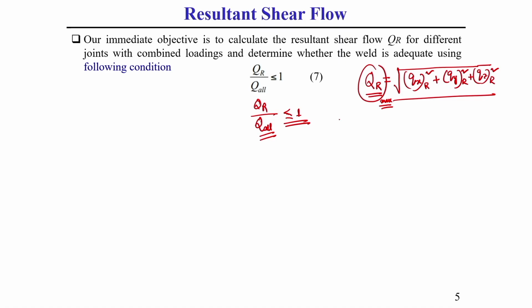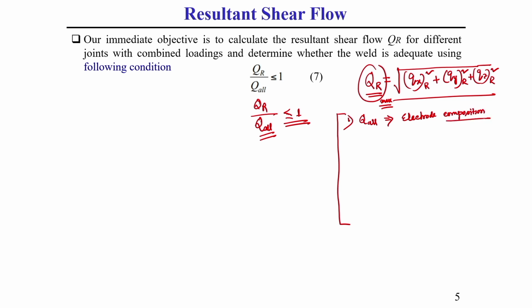So, this is the procedure generally we need to follow to design a welded joint subjected to different types of combined load. Here I am explaining the procedure a little bit. First of all, you need to find out Q allowable stress. This Q allowable generally you can find out from the electrode composition.